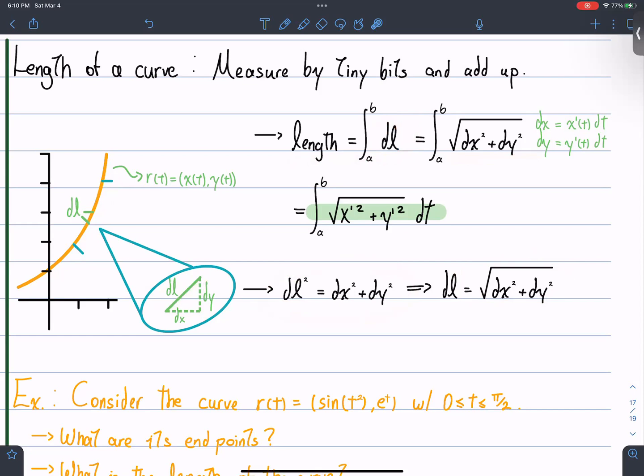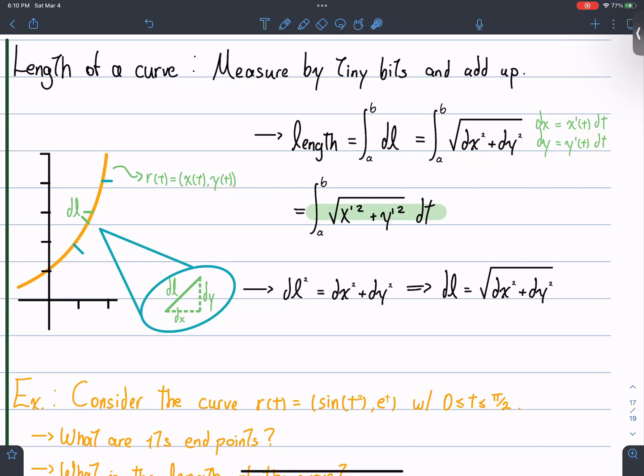As I said in class, this expression with dx and dy makes no sense in the usual sense of calculus, but we have to remember that our curve looks like x of t and y of t. So this dx represents the derivative of x, where x is the first coordinate of our curve, and dy is the derivative of the second coordinate.